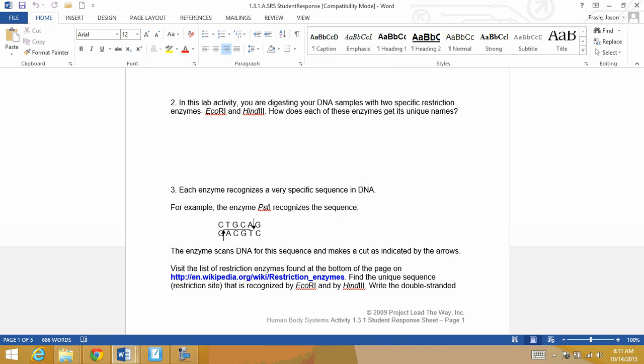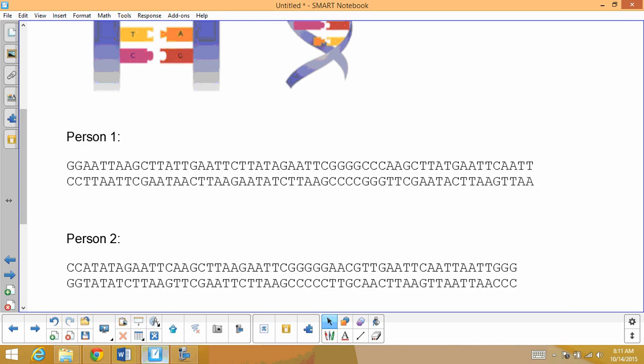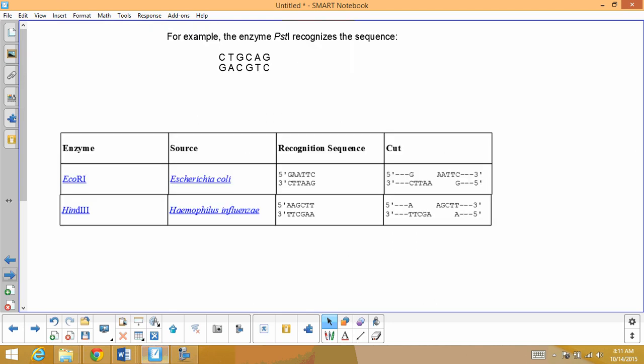Now, if we go back to our board presentation, PstI we have up here already. It gets cut in this direction, that's on your paper. But then the next question talks about how do the enzymes EcoRI and HindIII actually cut.